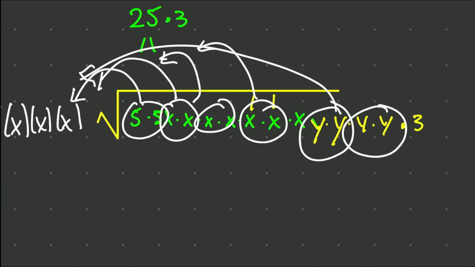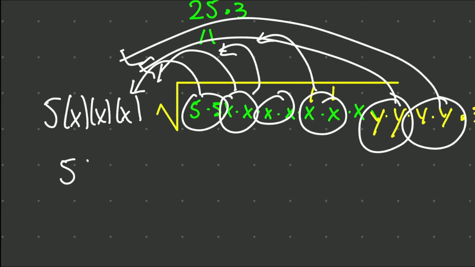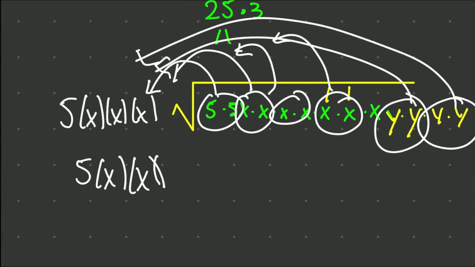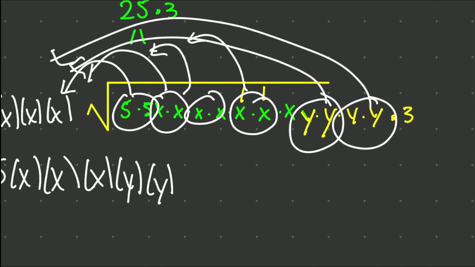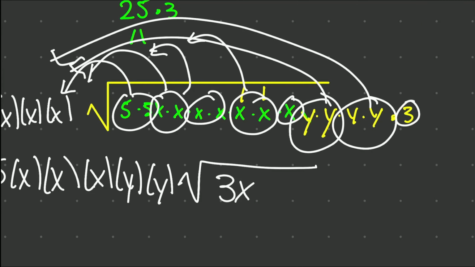So what's going to be our coefficient now is 5 times x times x times x times y times y. And what's left inside our square root symbol is going to be an x and a 3. That's what's remaining.